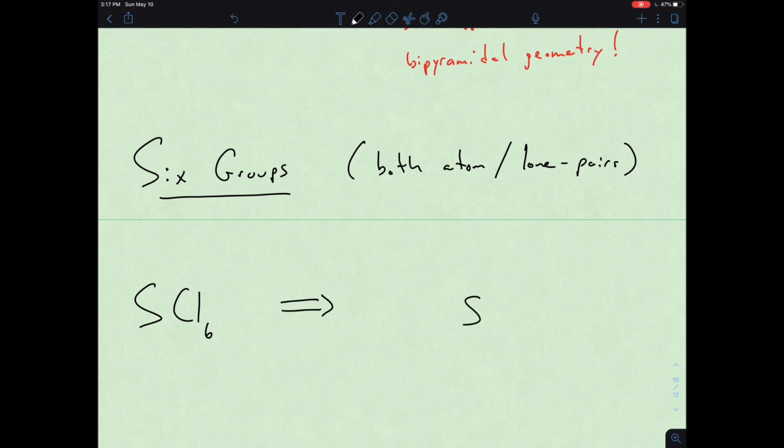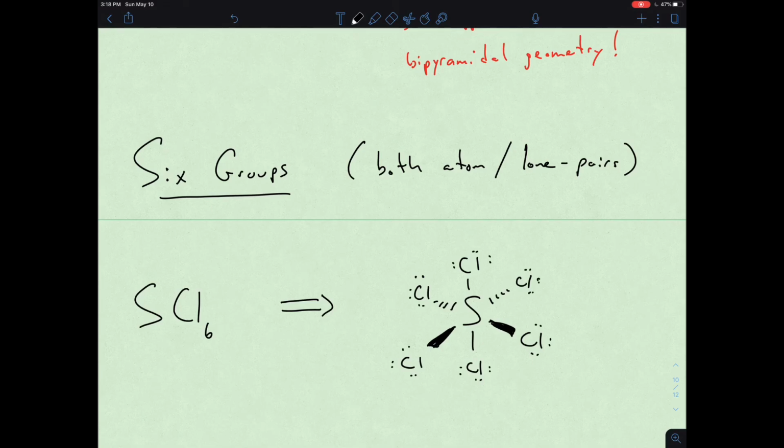And this is where we would have to have an expansion to occur. Sulfur would have to expand all of its orbitals in order to have the 6 unpaired valence electrons to bind to the chlorine atoms. So here would be our electronic geometry of octahedral. And so there's our 6 groups.